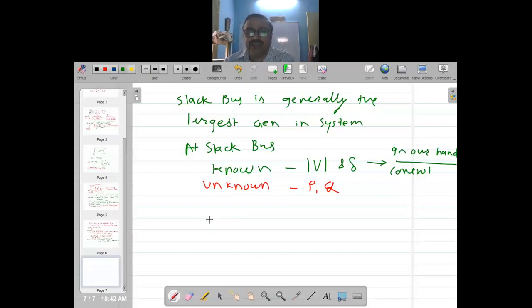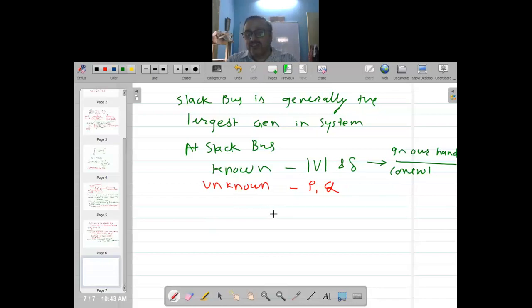That is why the largest bus is generally assigned as the slack bus, where we specify the voltage. Because even if the voltages of other buses go down or up, this being a super generator, we are always able to control its voltage.